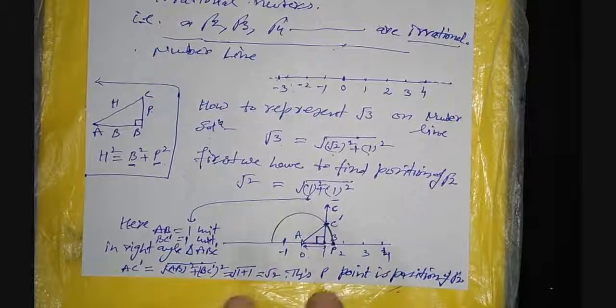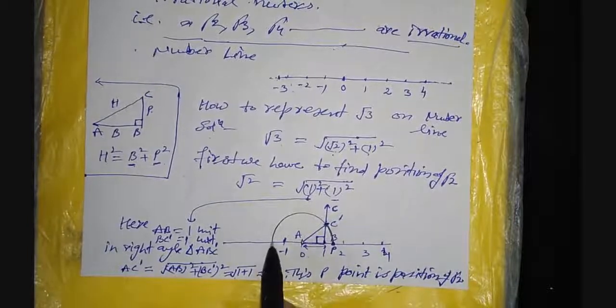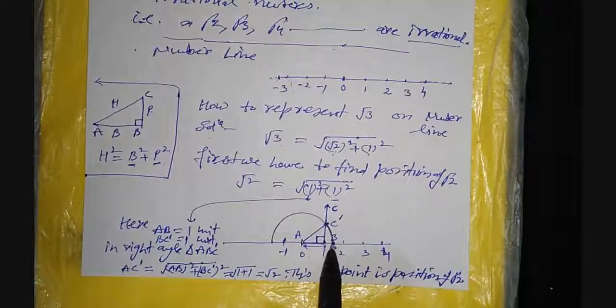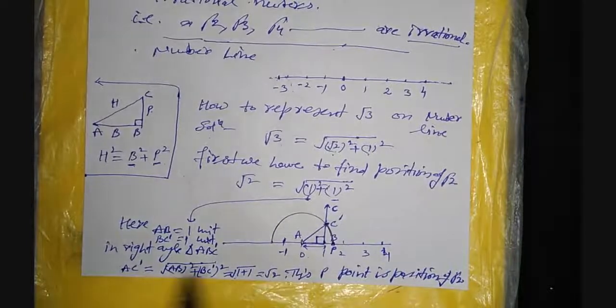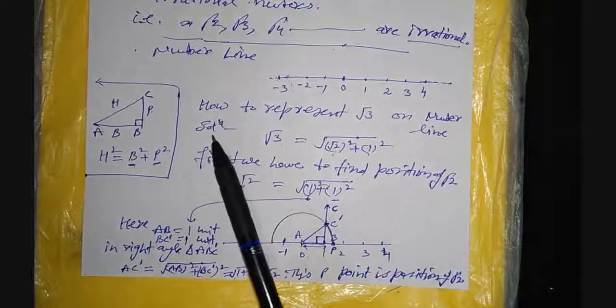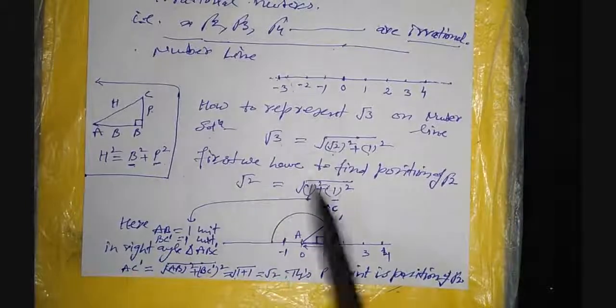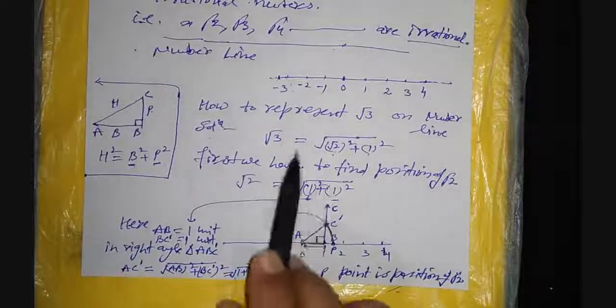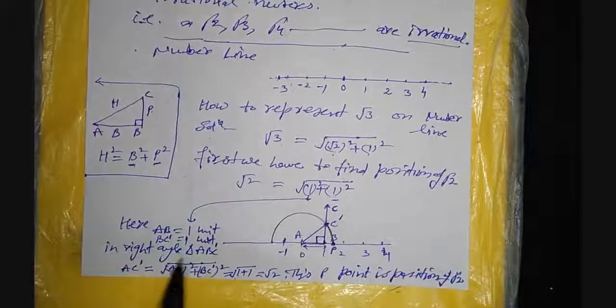I think you can easily understand that we have just found the position of root 2 on this number line, but we have taken the example of root 3, and root 2 is just a part of this question.